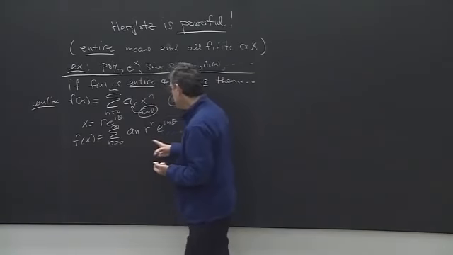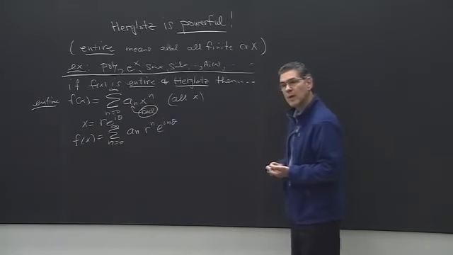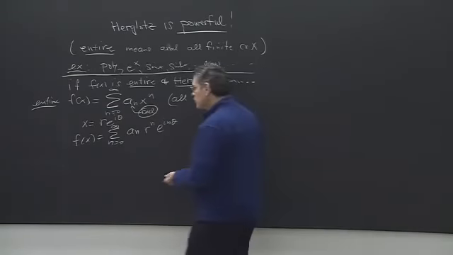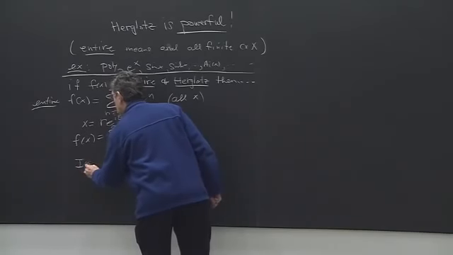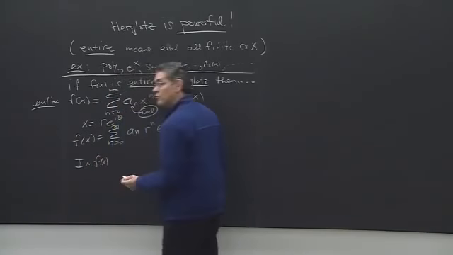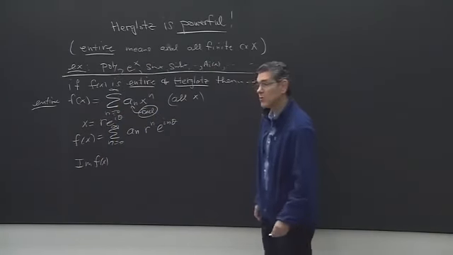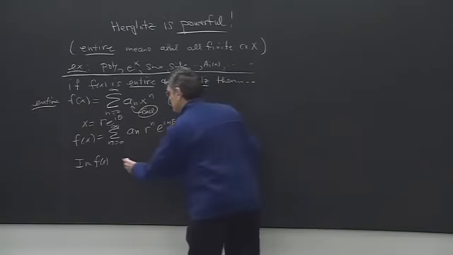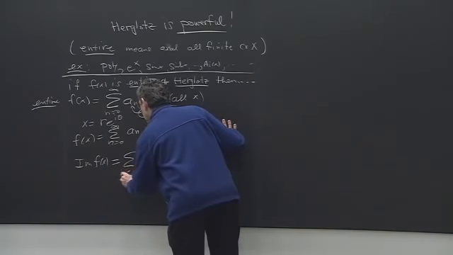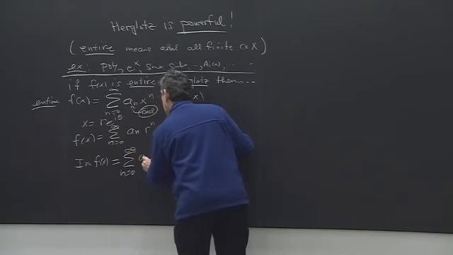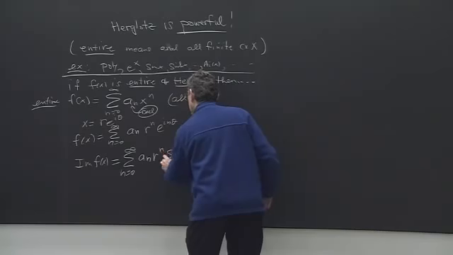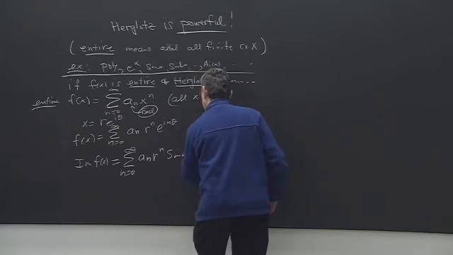So we can write the function in this form, and now suppose we take the imaginary part of f of x, because we want to know what sign the imaginary part of f of x has. So it is the sum from 0 to infinity, a sub n r to the n, sine of n theta, right?